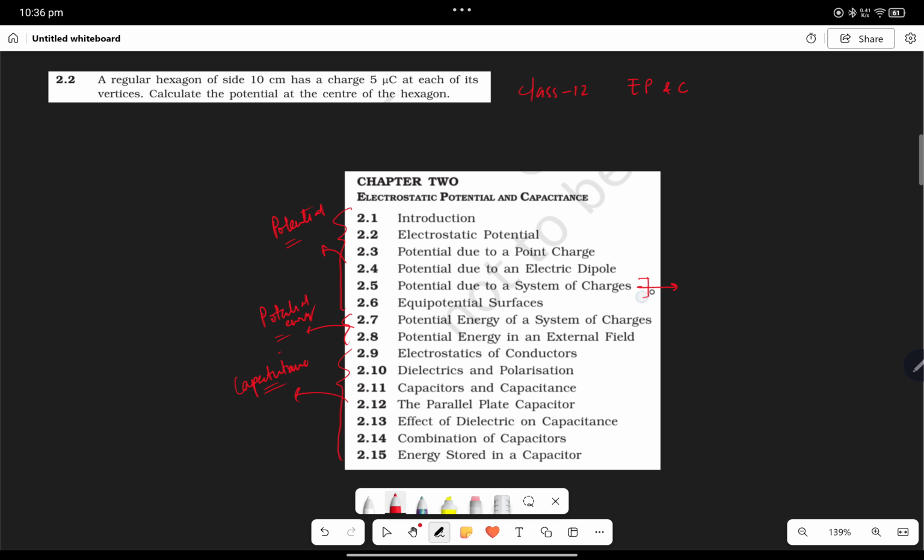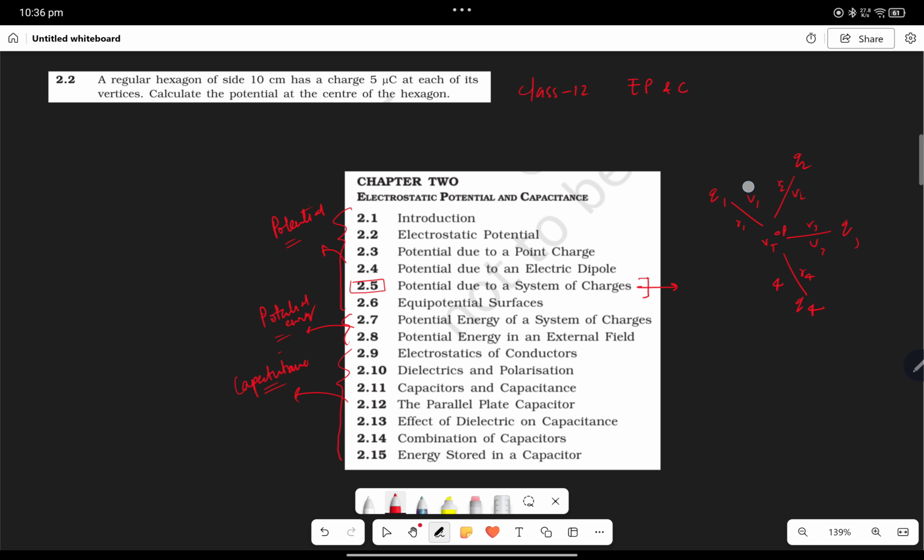So this question arises from this section 2.5 particularly, and the concept is: charges q1, q2, q3, q4, and the total potential at this point P is going to be the sum of the potentials due to all these individual charges, that is V1, V2, V3, V4, where the distances between the point and the charges are r1, r2, r3, r4.